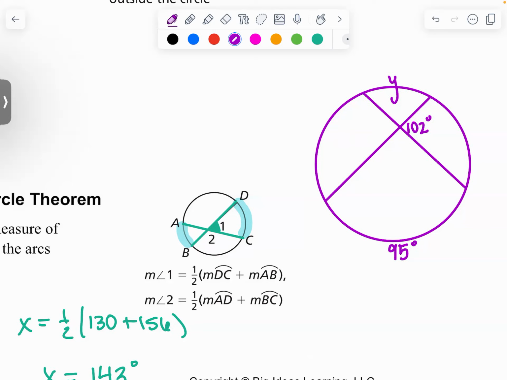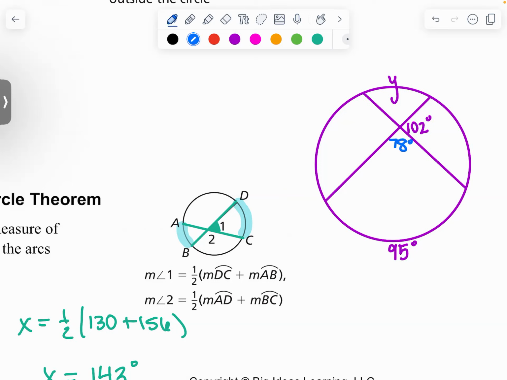How do you think we should solve for y? Is 102 immediately helpful? No, we should probably look at, okay, so this is 78 degrees right here.